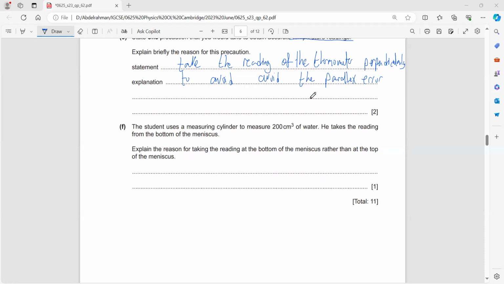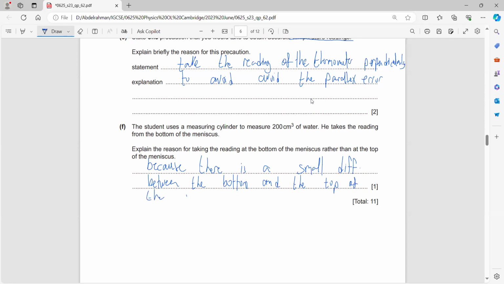Because there is a small difference between the bottom and the top of the meniscus.